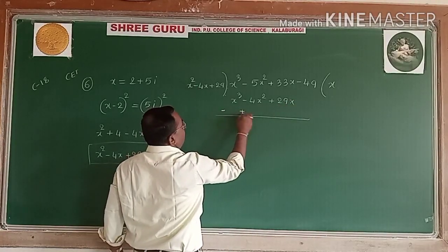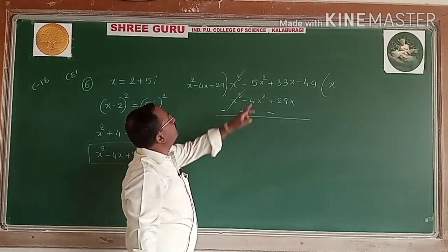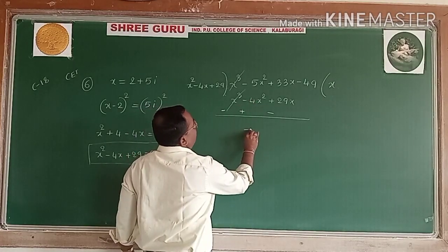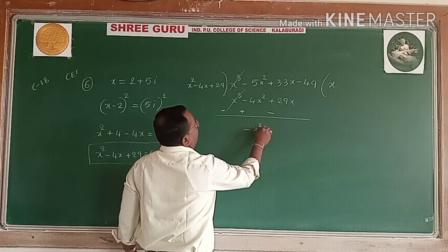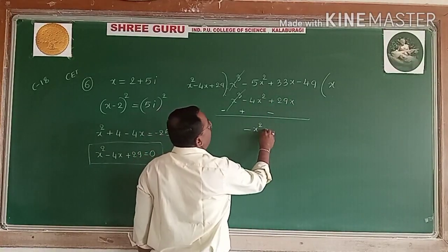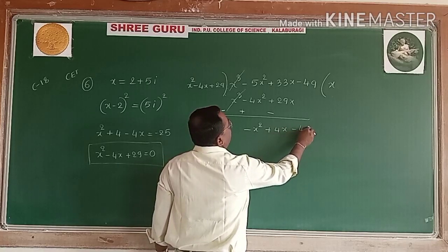Minus plus minus, x cube cancels. Then minus 5x square plus 4x square is minus x square, and 33 minus 29 is 4, so plus 4x, minus 49 as it is.